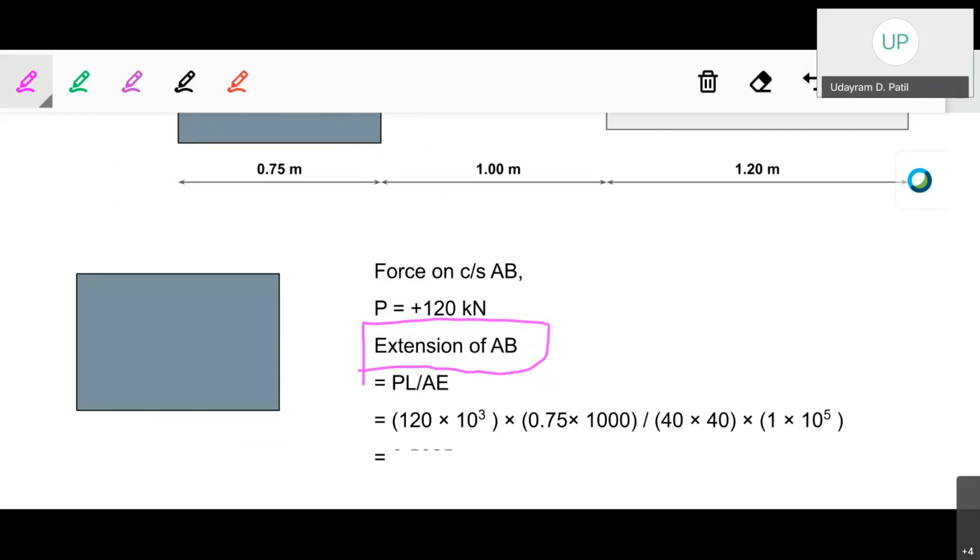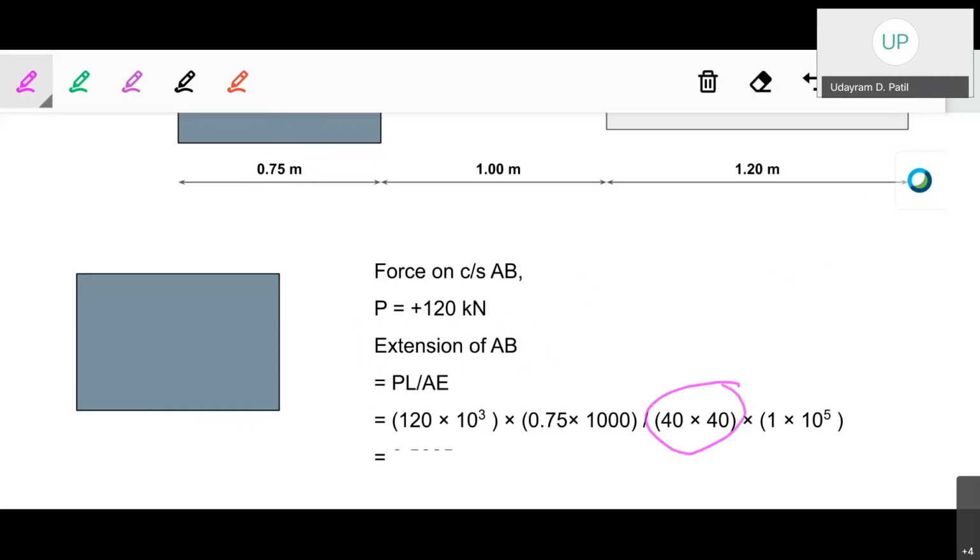Therefore, taking the value as positive, delta L is PL upon AE. The value of P is 120 kilonewton, converting that value into Newton. All values are in Newton and mm, so we will consider all values in Newton per mm. The length is 0.75 m, so 0.75 multiplied by 1000, converting to mm.